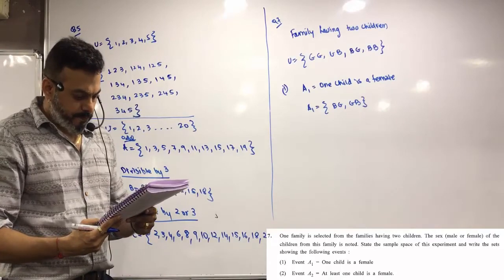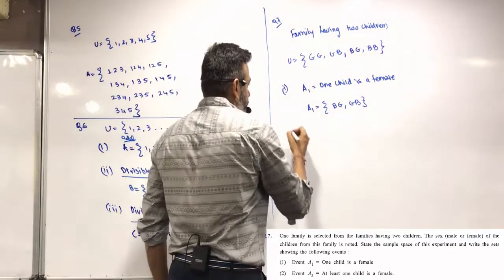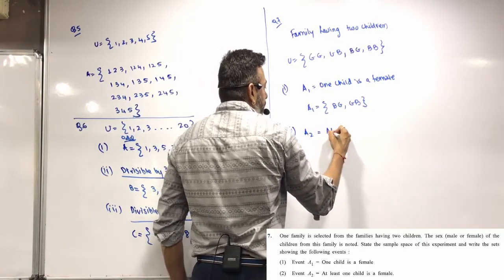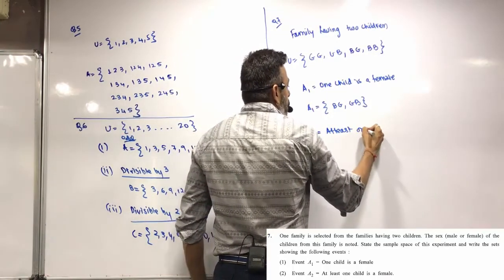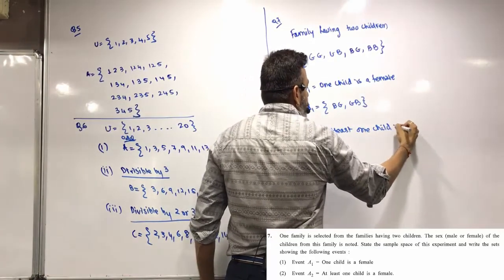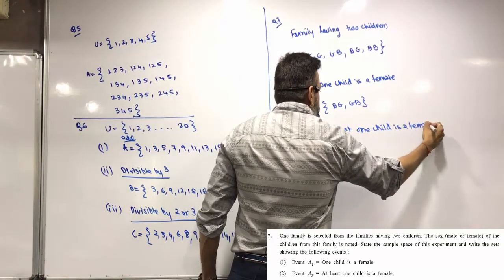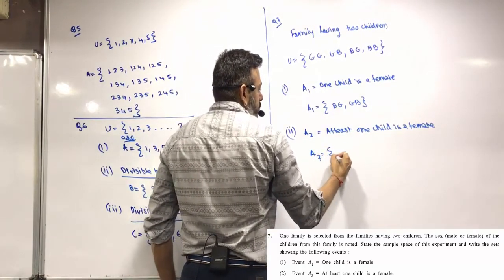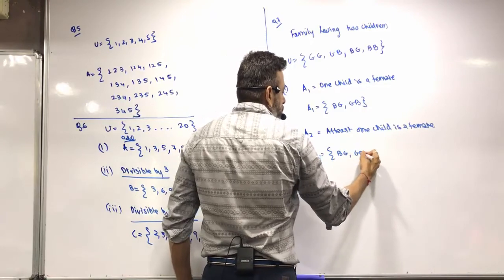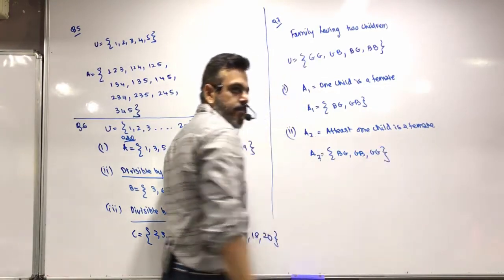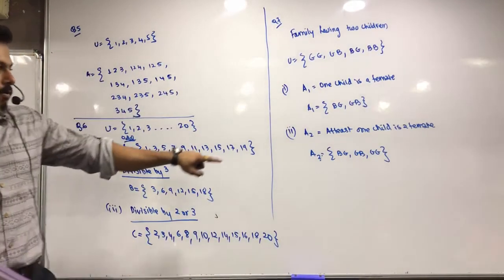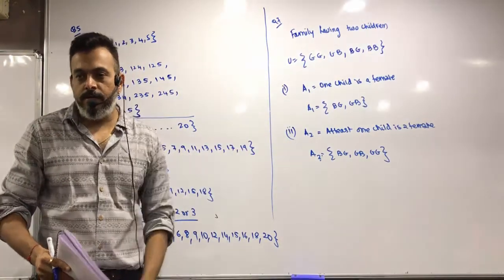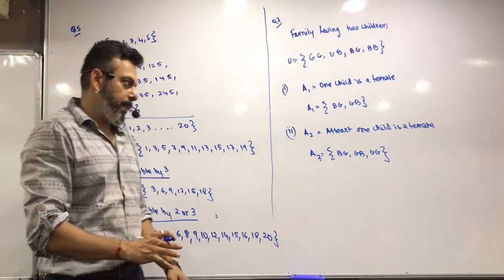Now, second, A2 is equal to at least one child is a female. So A2 is equal to boy, girl, girl, boy, and girl, girl. You understood this? अच्छा ये कौन सा अभी टर्मिनोलॉजी किया हुआ है? At least यानी कौन सा? A union B. Okay, very good.